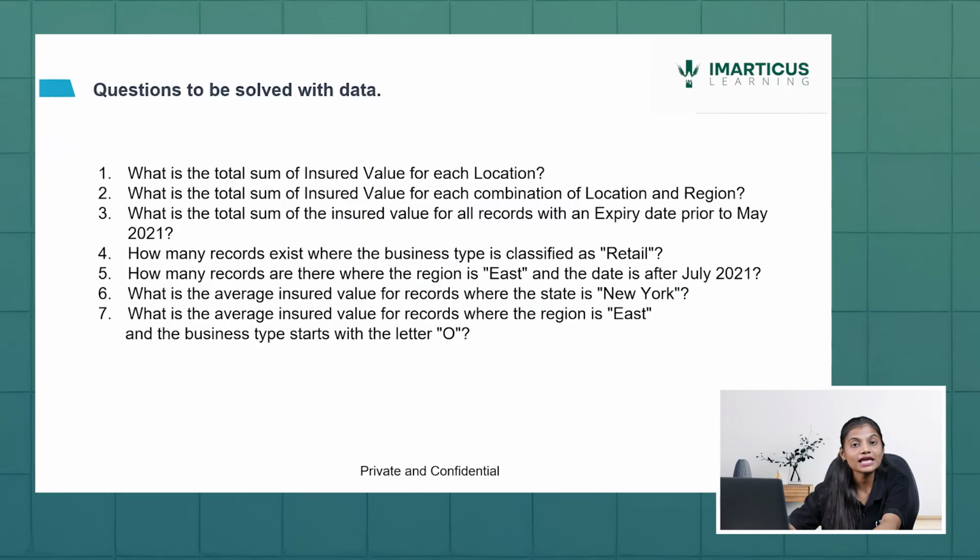How many records exist means are available where the business type of the data is retail. So definitely when I want to count the number of rows, I use something called count. But count with what? I have to use count with a specific criteria known as retail.